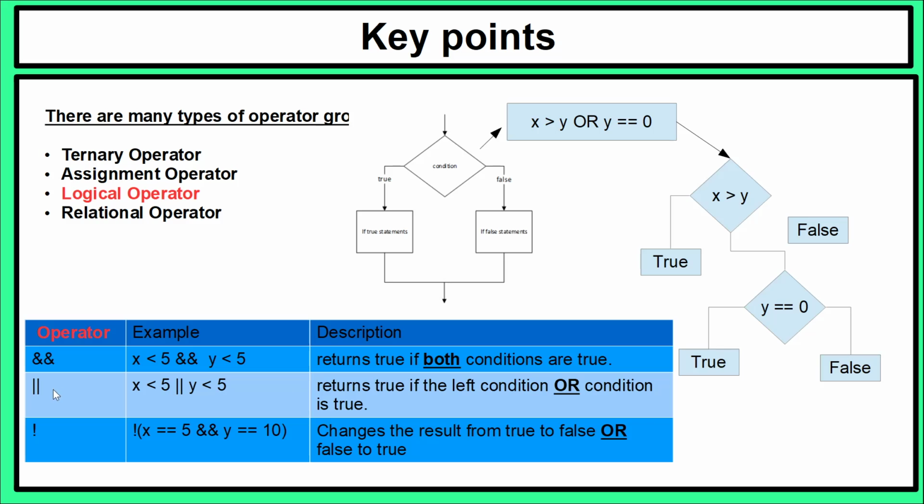Again, if we want or, we have the two lines here, and this means this or this condition must be true for the true statement to be executed. And the last one, the not. So this changes the result from true to false or false to true. So these are the three operators that you must remember for the MTA exam.